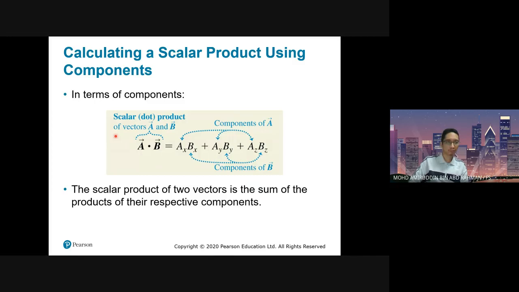In terms of components, when we do the scalar product A dot B, we have AX BX plus AY BY plus AZ BZ. So that's the component form for the dot product. The scalar product of two vectors is the sum of the products of their respective components. So that's the definition of that.